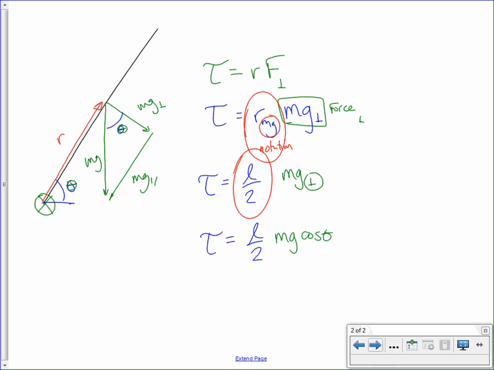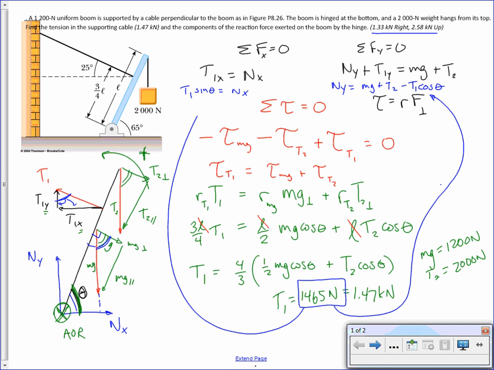And here's something we said in class. I just want to make a note of it. All up and down F perpendiculars will use the same trig function. In this case, notice T2 and mg were both downward forces.